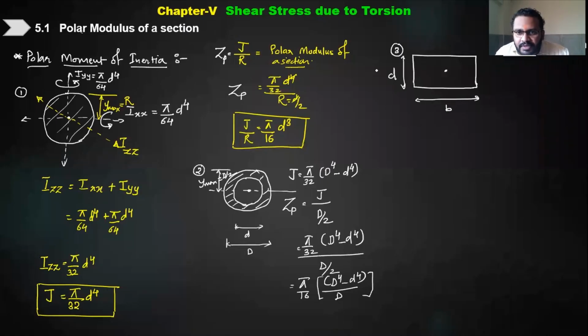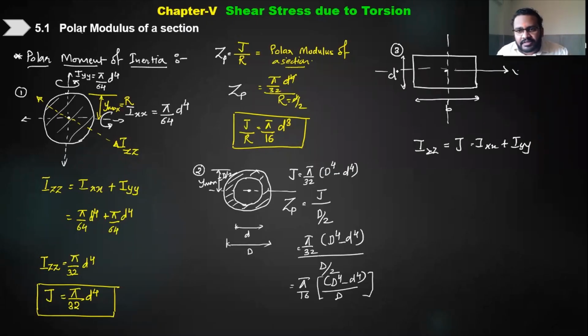Okay, now tell me what will be the polar moment of inertia for this. Polar moment of inertia is nothing but we can call it as either IZZ or it is same as J. तो क्या होता है? It is IXX plus IYY, right?